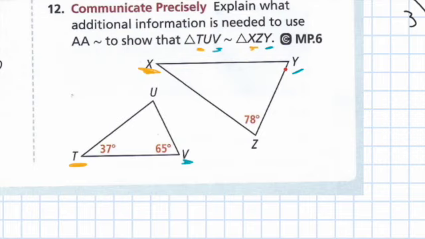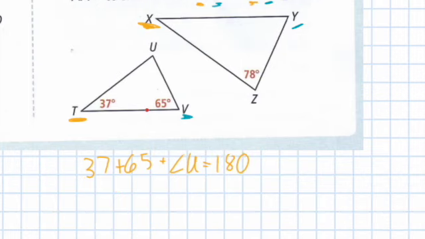All right. Let me do a little bit of math real quick. 37 plus 65 plus angle U is going to equal 180 degrees. I can add 37 and 65 together. 30 and 60 is 90. 7 and 5 is 12.